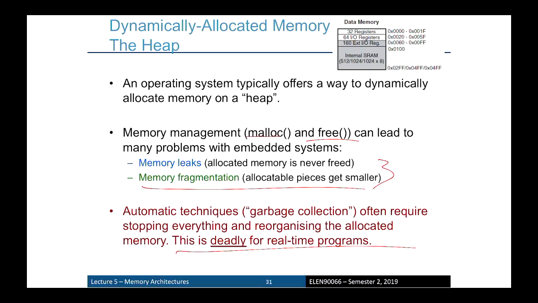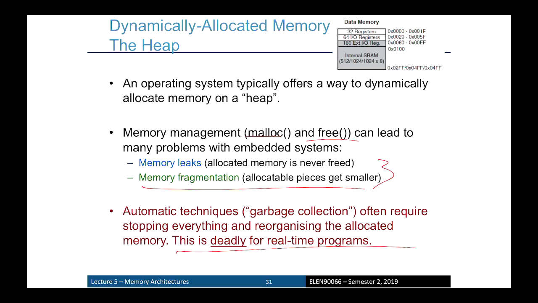It's great for a computer, terrible for an embedded system. Why? Because it makes predicting stuff impossible. A real-time task becomes no longer real-time if there's a controller there doing memory allocation and freeing while you want to actually do something, right? You've got to pause and wait for some memory allocation technique to be going on. Okay, so we won't talk about heaping.